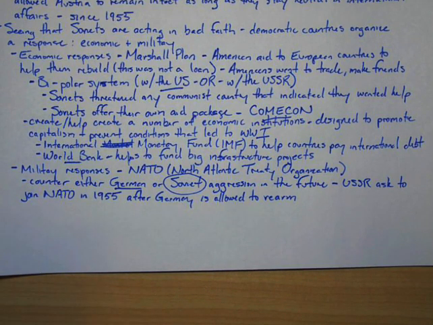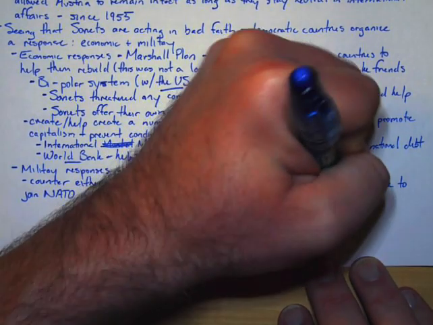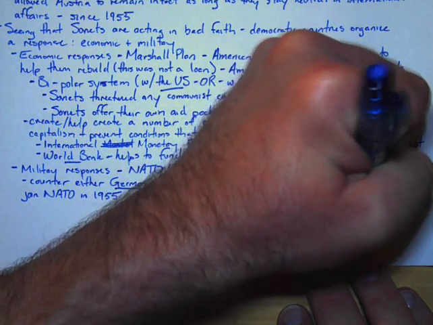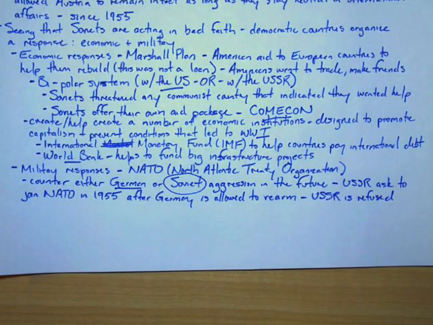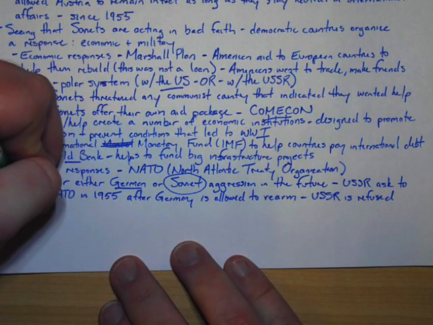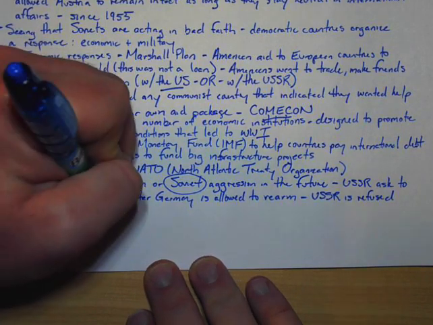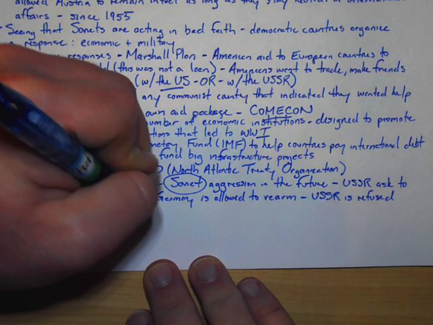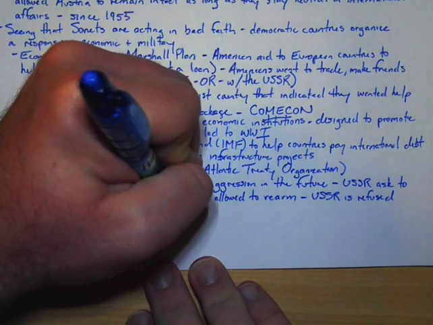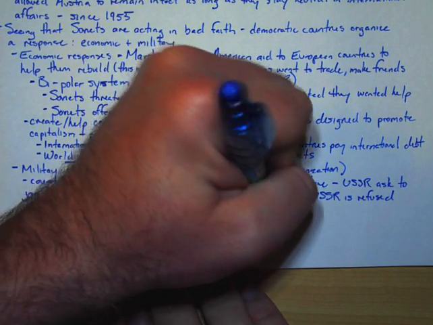We'd like to join your organization that is against German aggression. The Soviets are refused. So now that it becomes very clear that NATO is against Soviet aggression, the Soviets form their own version of NATO. And it's called the Warsaw Pact.